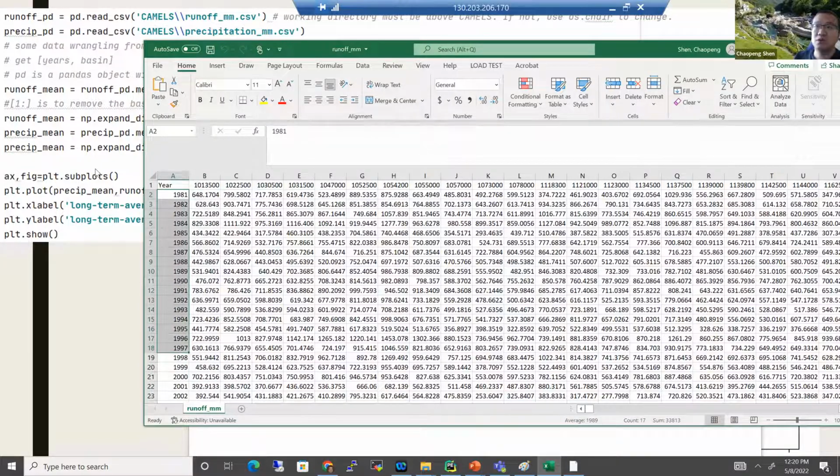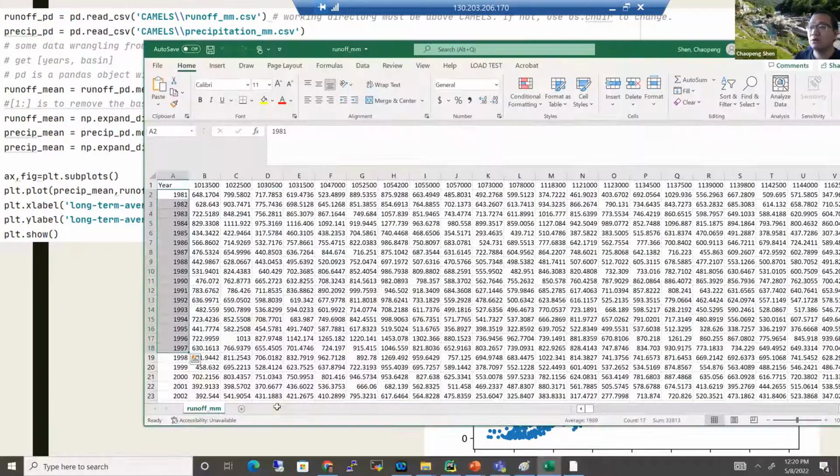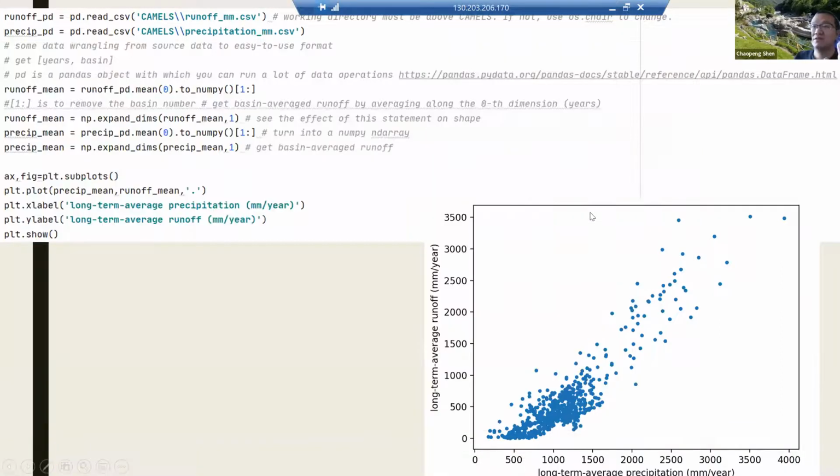So we first do a little bit of data wrangling. We read this data into a pandas data frame, and then we average across the time dimension. So we get one long-term average runoff per basin. Okay, so after you do that, now we have, I believe, 671 basins, right? So you have 671 data points.